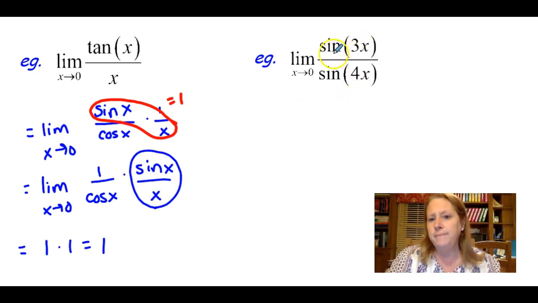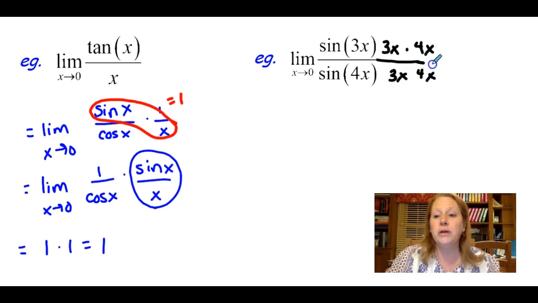Well, for this one, I've got the limit as x approaches 0 of sine of 3x over sine of 4x. I need that sine of 3x to have a 3x in the denominator. So if I put a 3x in the denominator, I better put a 3x in the numerator. And I need the sine of 4x to have a 4x in the numerator, so I better put a 4x in the denominator.